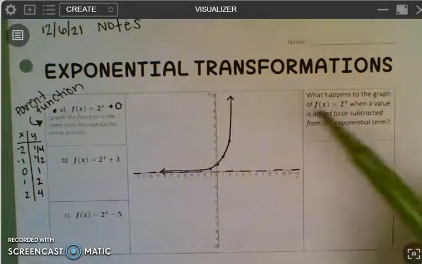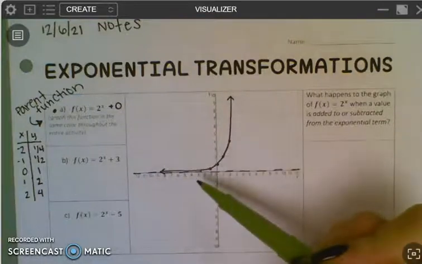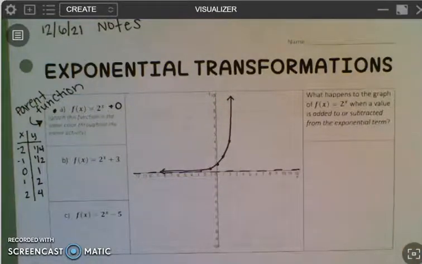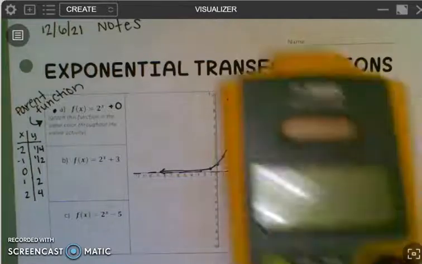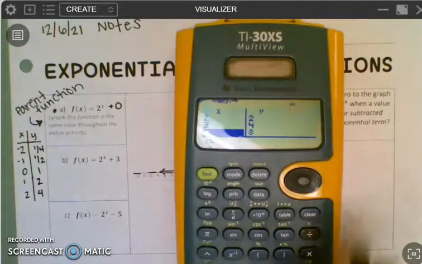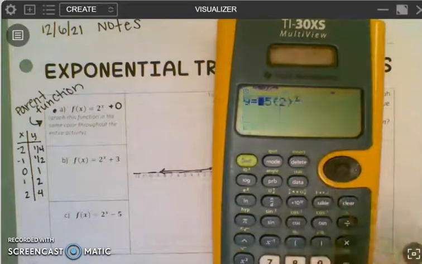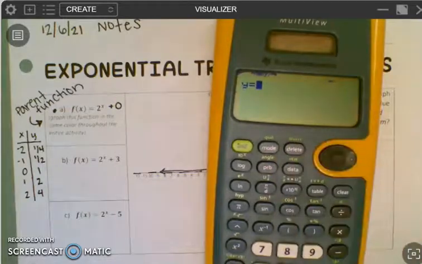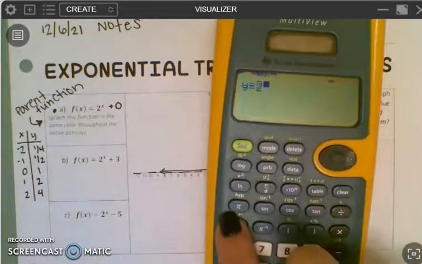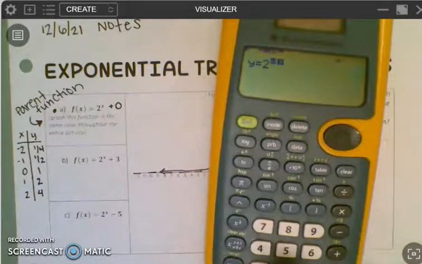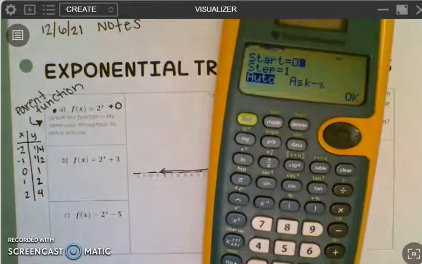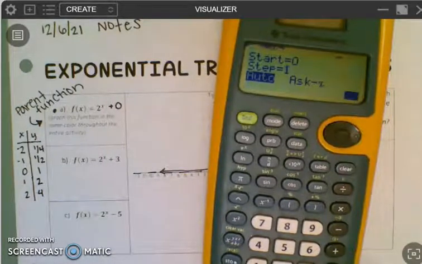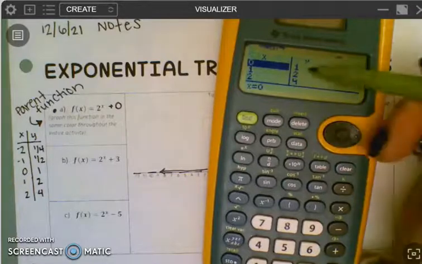If you notice though, I've already graphed the parent function on every single graph on today's notes. All I did to do that was turn my calculator on, go to table, and clear everything out that was there. I did 2 caret key X, pressed enter, made sure my 0 was my start, and then just found some nice points.